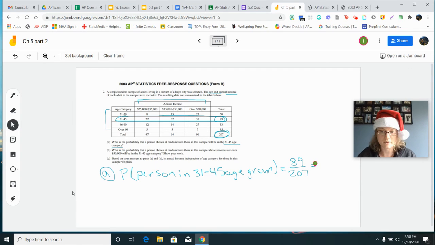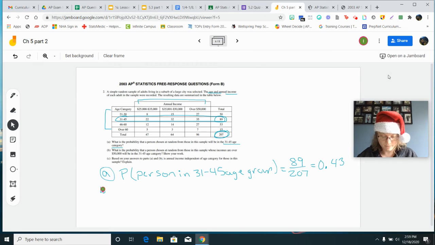If you want to convert this into a decimal, that's fine, or you can just leave the fraction. If I record this as a decimal, it is 0.43 or 43%.